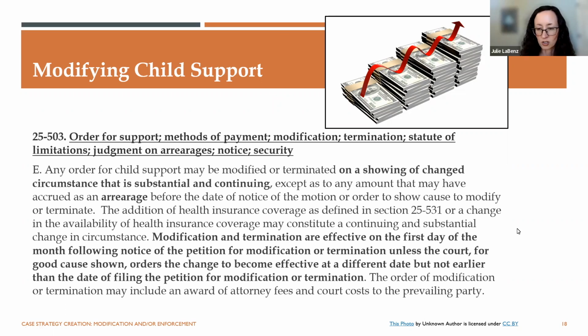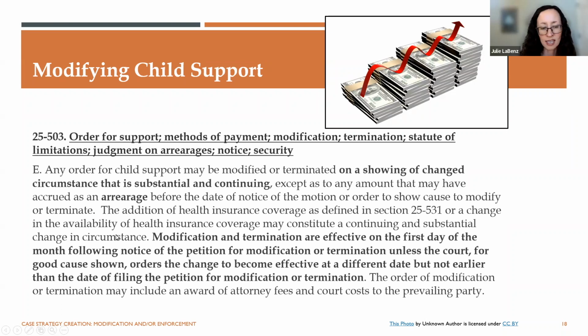Okay, we have a question. How about health insurance termination? That's in here. Great question. It's actually the next sentence here. It says the addition of health insurance coverage or a change in the availability of health insurance coverage may constitute a continuing and substantial change in circumstance.